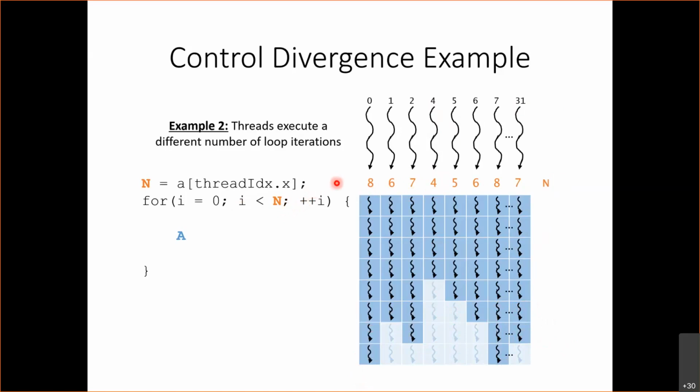If you have an application where one of these threads executes thousands of iterations and all the other threads execute 5 or 6, then that one thread is going to hold all the other threads hostage. They are all going to sit there waiting for that one thread to finish executing its iterations.